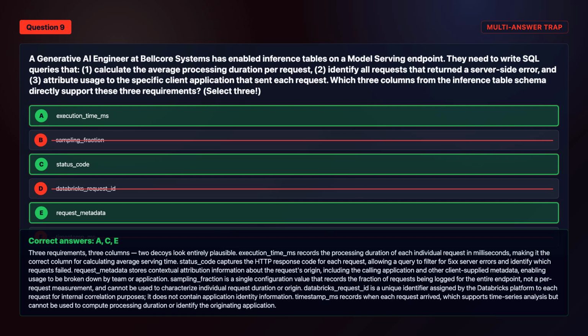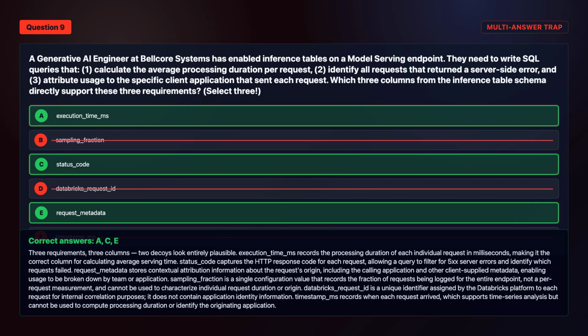Status_code captures the HTTP response code for each request, allowing a query to filter for 5xx server errors and identify which requests failed. Request_metadata stores contextual attribution information about the request's origin, including the calling application and other client-supplied metadata, enabling usage to be broken down by team or application.